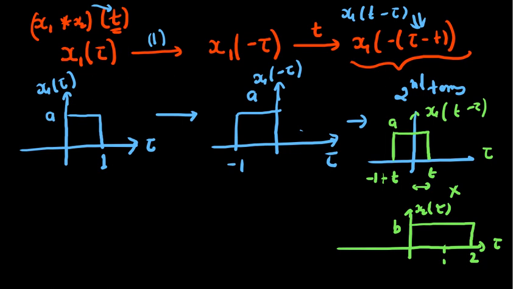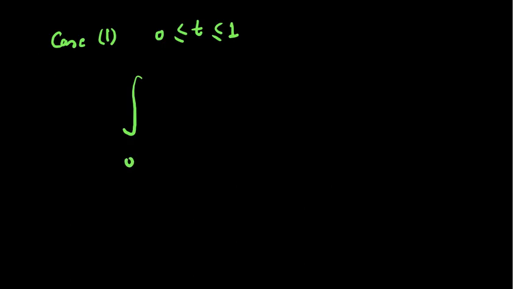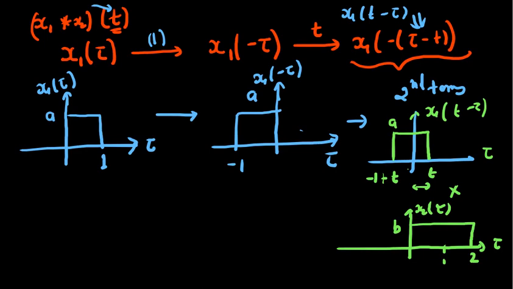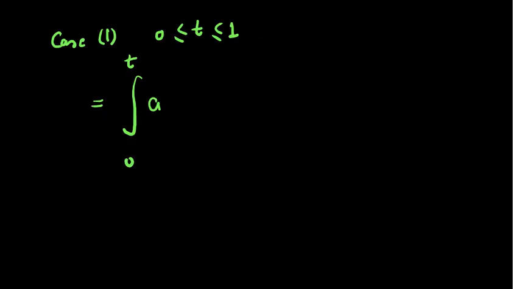If you see, from 0 to t, x1(tau) is non-zero and x2(tau) is also non-zero. So the limit of integration would be 0 to t, and the multiplication is A into B, correct? A into B d tau, so the value is AB into t, when your t is between 0 and 1, agreed? That is why I said that A and B will decide the slope of your convolved signal, right?